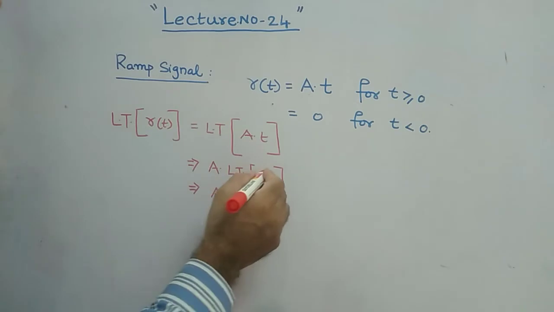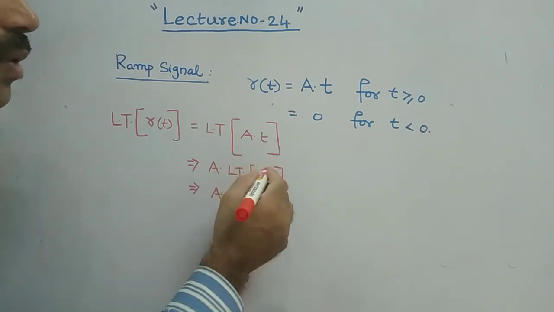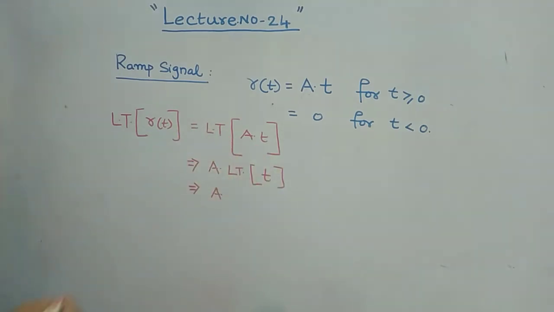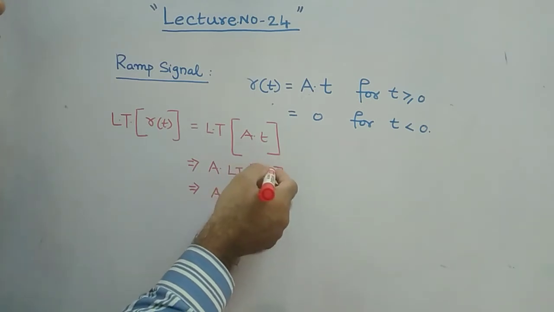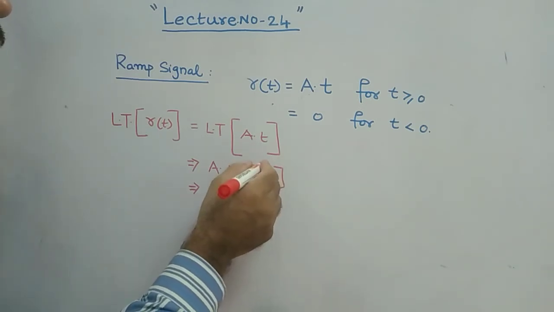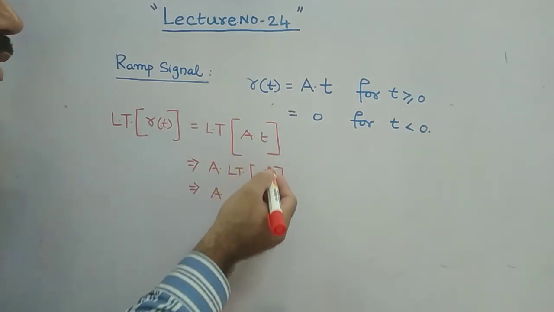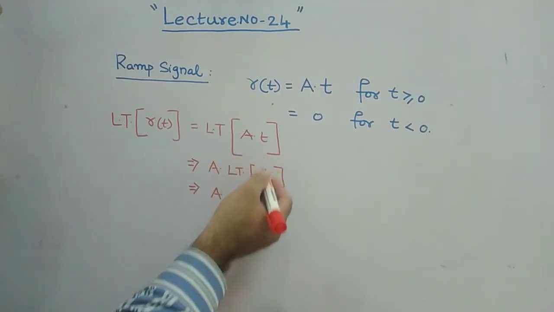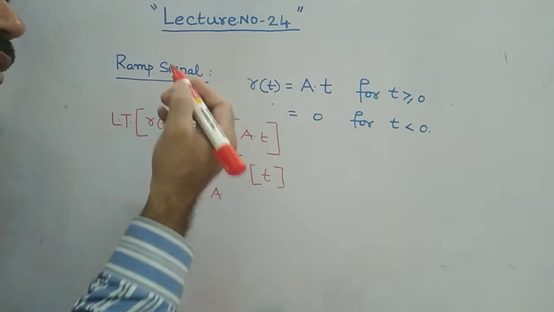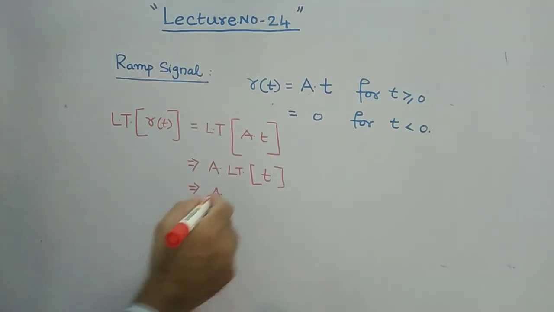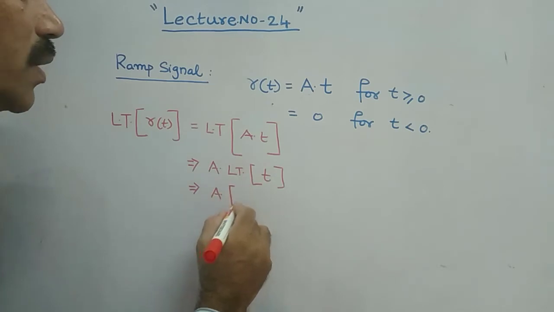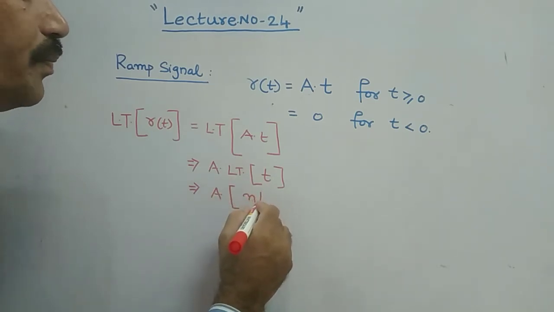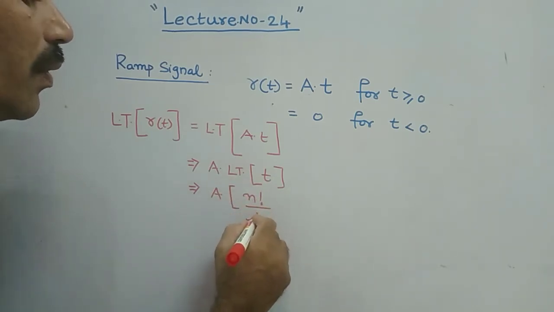If nothing is given, you can assume that n is equal to 1, because by default it is 1 only. It is not required to mention 1. Then it comes to n factorial by s power n plus 1.